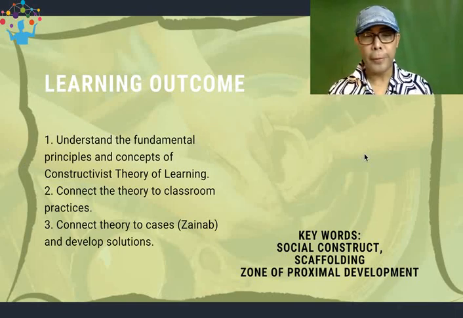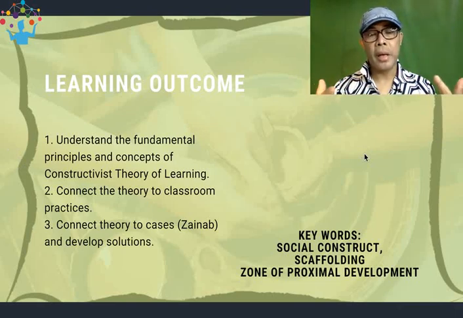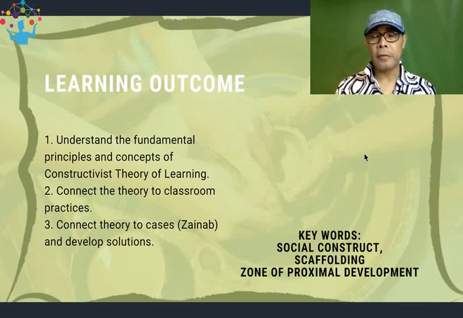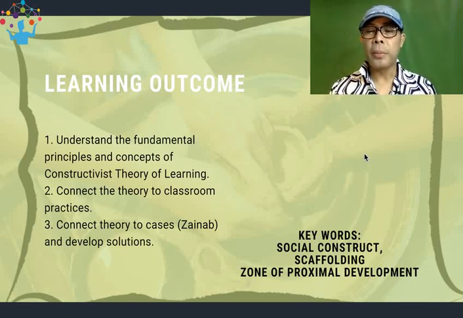The third is to connect the theory to classroom cases, to classroom situations, specifically the case that we've been working on since the beginning of the semester, the case of Zainab, and come up with some practical solutions for the case of Zainab. The important keywords that we have to remember in this module are social construct, scaffolding, and zone of proximal development.